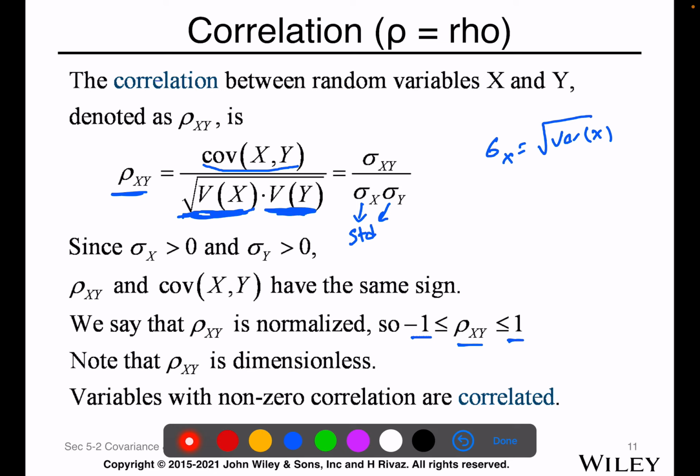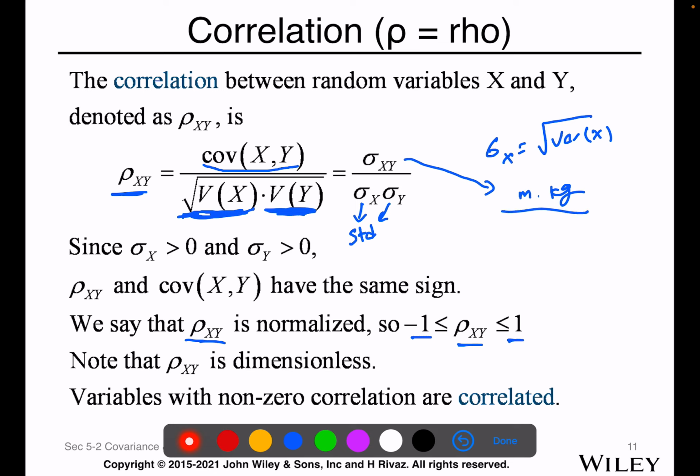And another nice property of this correlation is that it's unitless. So if we go back to the previous example, the unit of the covariance is going to be meter times kilogram, right? So x is the height of the students and y is the weight of the students, right?